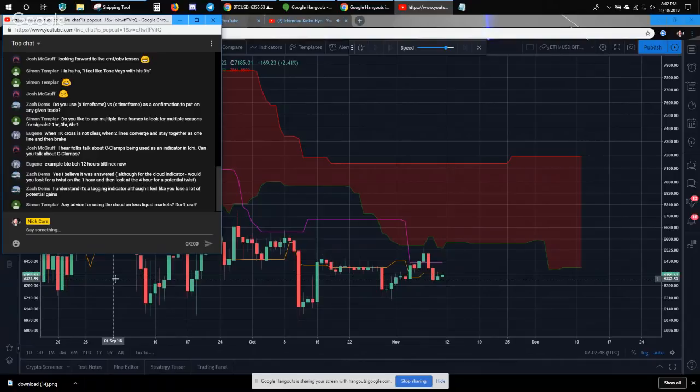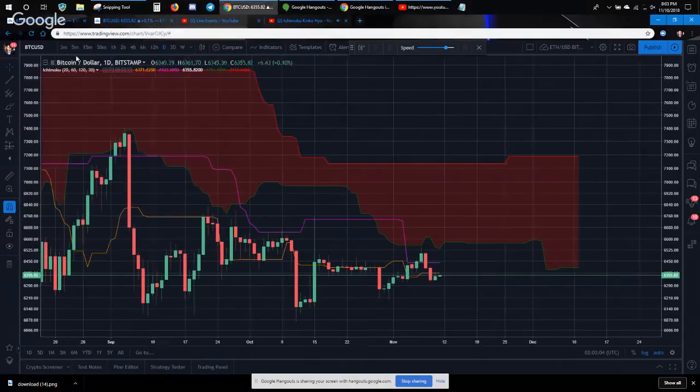Eugene asks, when the TK cross is not clear, when two lines converge and stay together as one line and then break. Is that a question, Eugene? Example, BTC, BCH, 12 hours, Bitfinex now. All right, let's pull that chart up.